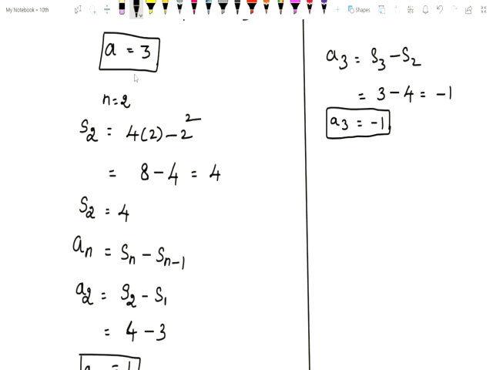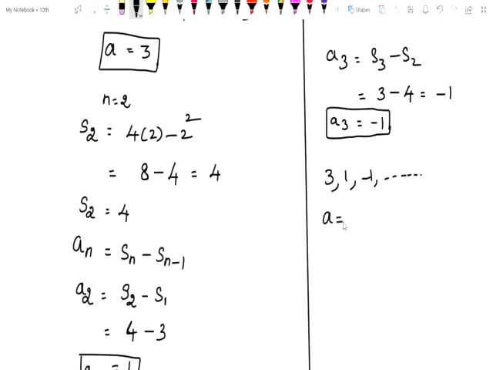So we know the first term, second term and third term. Therefore the sequence is 3, 1, minus 1. From this sequence we can find A and D values. D is the common difference, A is the first term.